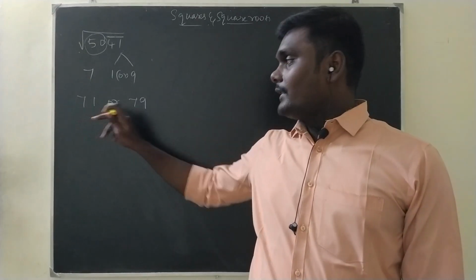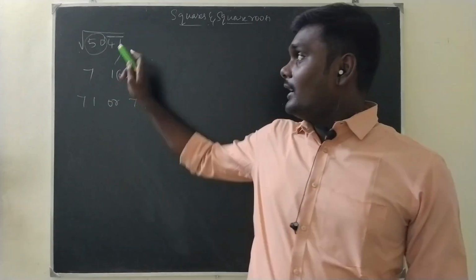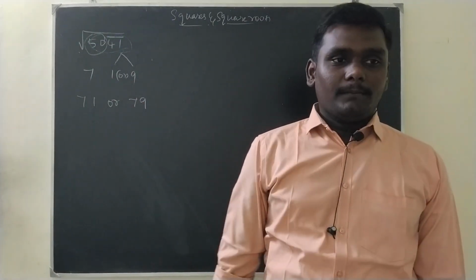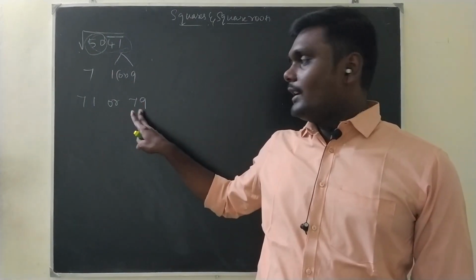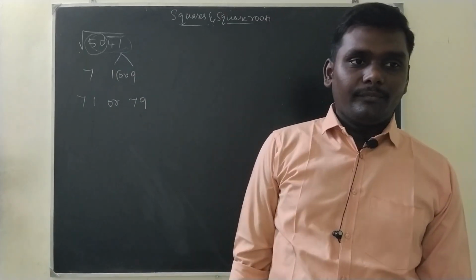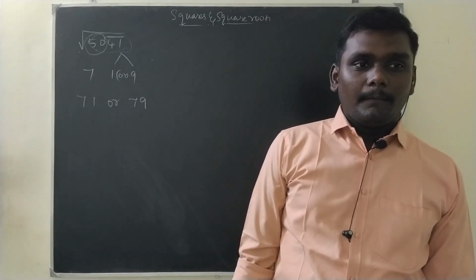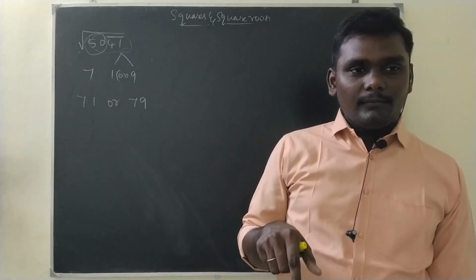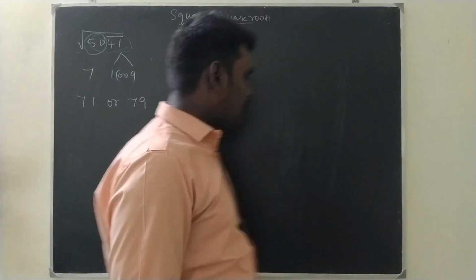To find whether it is 71 or 79, we compare this number with the 5 in between the numbers. 71 and 79 has which 5 in between? 75. What is 75 square? Easy to calculate.